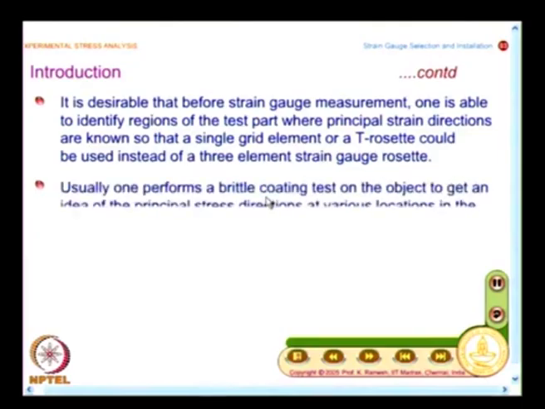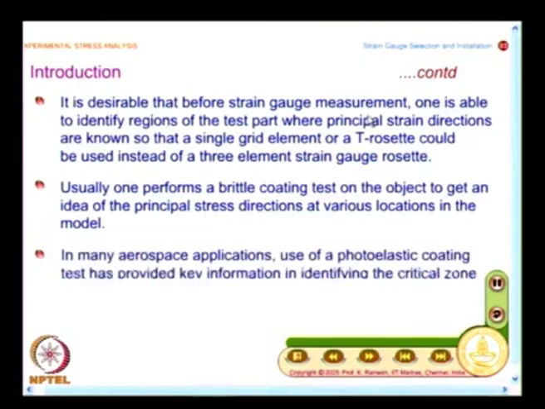So, the recommendation is, it is desirable that before strain gauge measurement, one is able to identify regions of the test part where principal strain directions are known, so that a single grid element or a T rosette could be used instead of a 3 element strain gauge rosette. This is the reason why we discussed the method of brittle coatings before strain gauges.